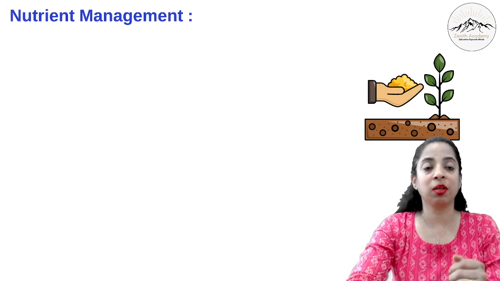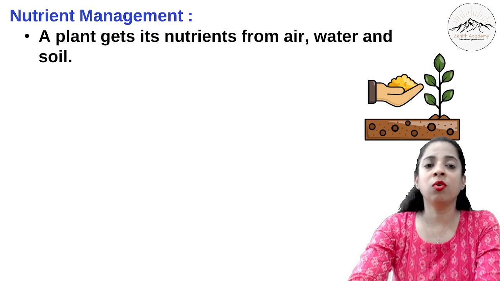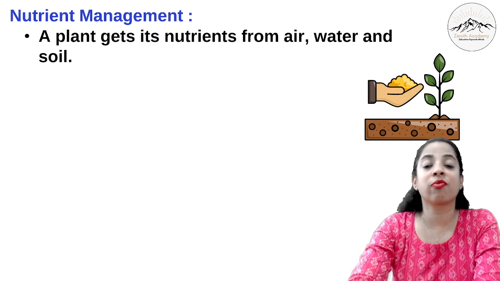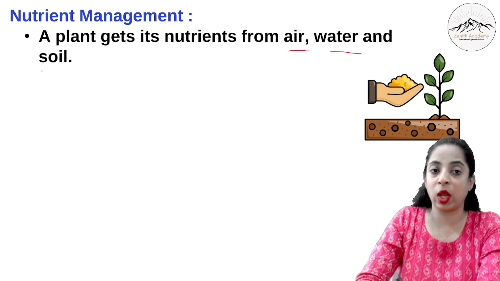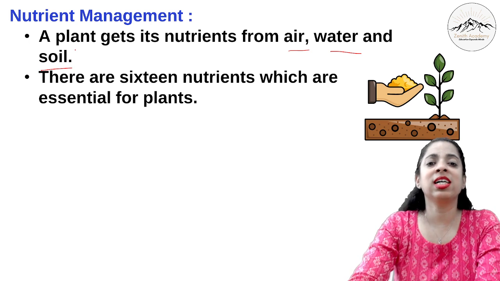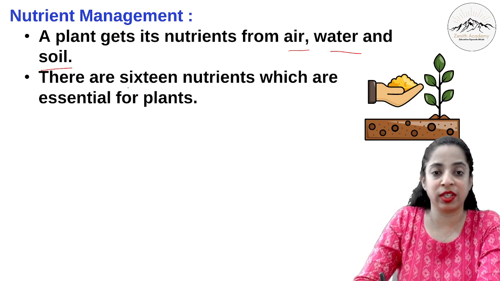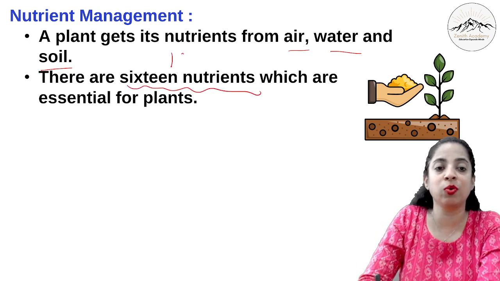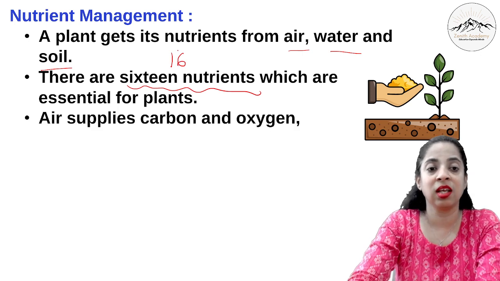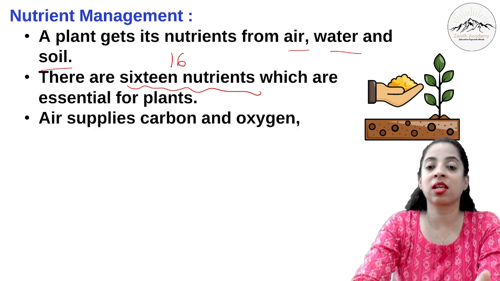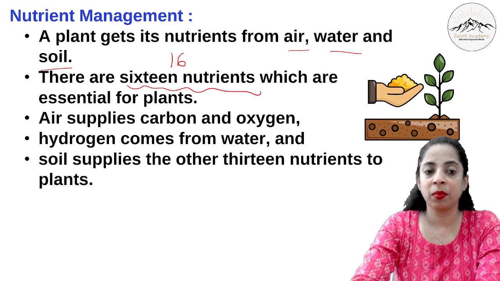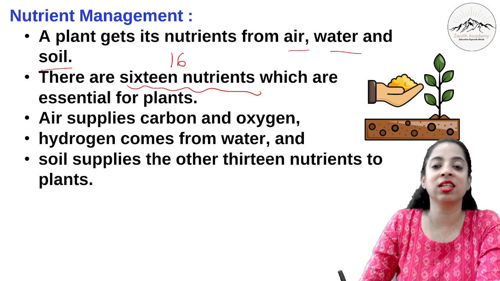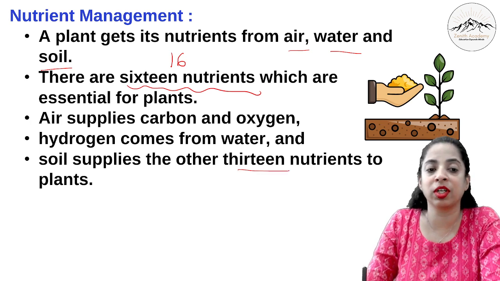Now, nutrient management. We all know that a plant gets its nutrients from air, water and soil. Now, there are total 16 nutrients which are essential for plants. Air supplies carbon and oxygen, hydrogen comes from water, and soil supplies the other 13 nutrients to plants.